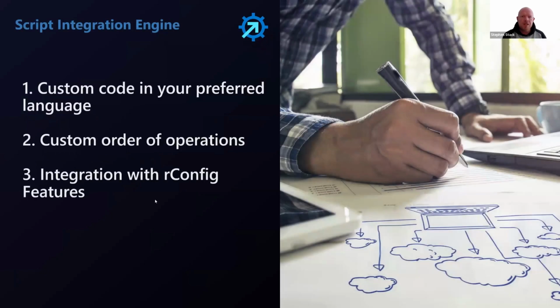So what is the script integration engine? It's the ability to bring custom code to rConfig in a language of your choosing. And I'll get more into that concept, but if you're a Python scripter, if you like Bash, if you're an Expect scripter, whatever you prefer, you can bring that code to rConfig for the purpose of downloading and backing up configurations.